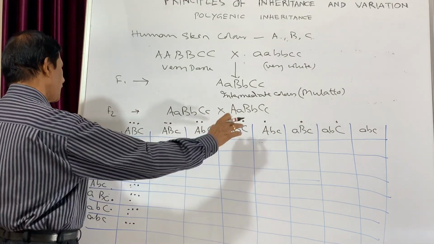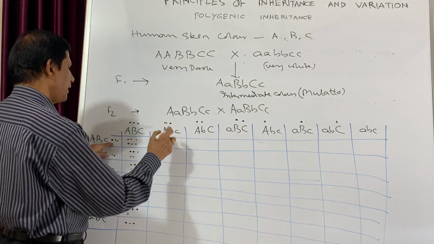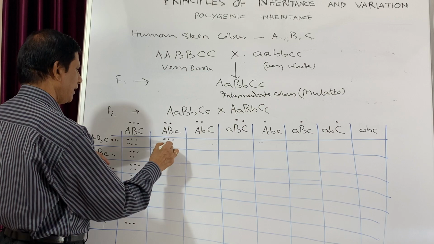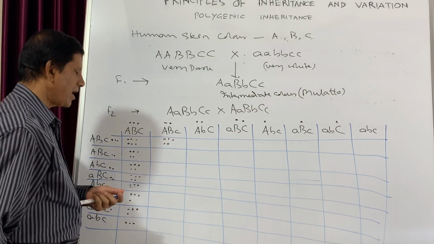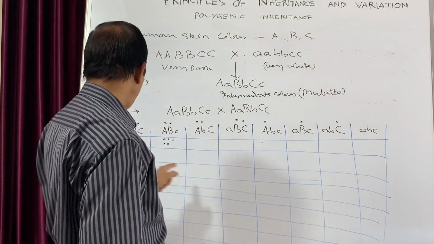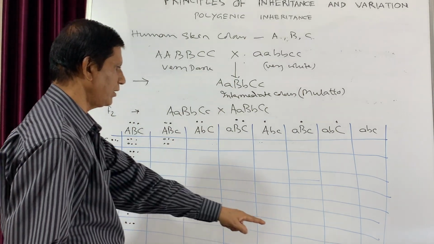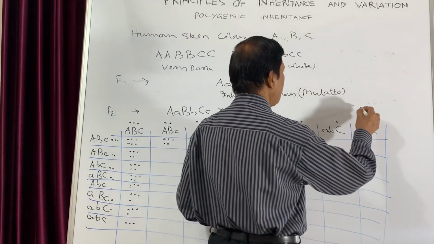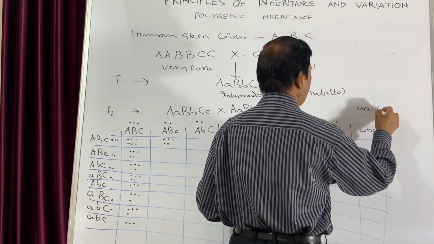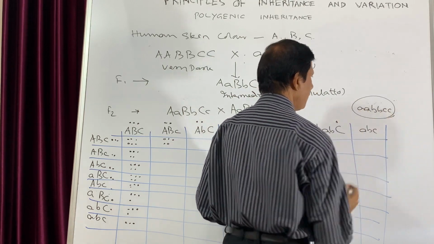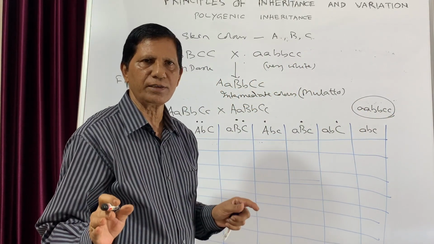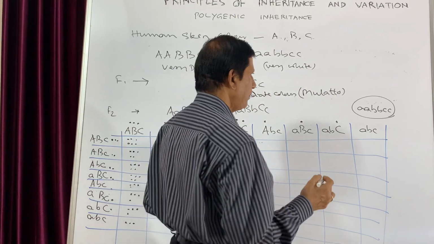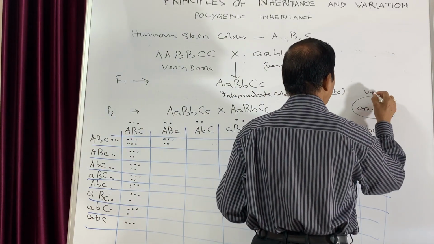Similarly, if you go to this side, here 3, here 2, 5. Likewise. And in the last one, where this side also abc and that side also abc, we will get double a, double b, double c, where there is not a single dominant gene. That means this will be very light.